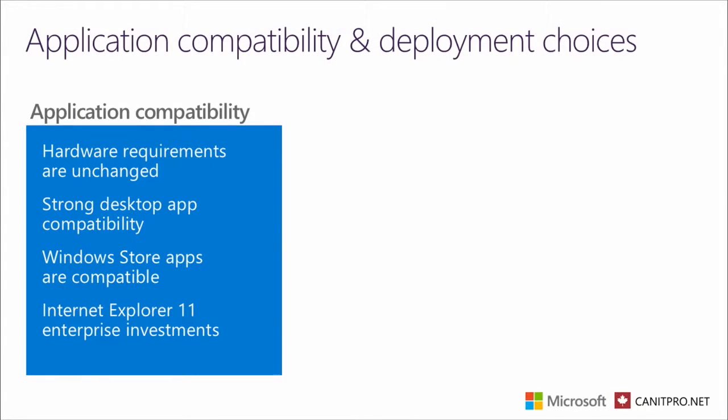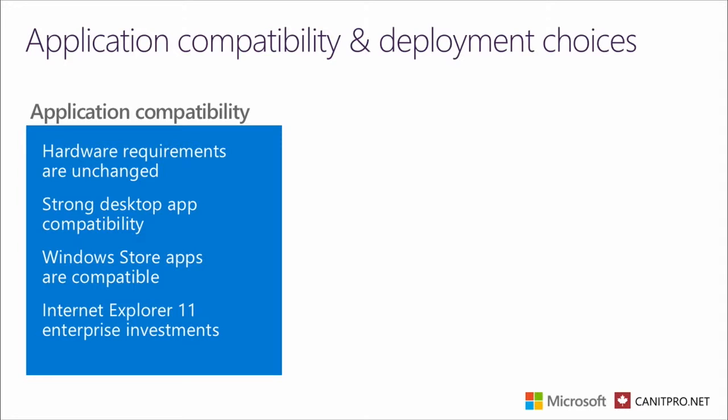This allows for the capability to do application compatibility testing to ensure that, hey, you know what, hardware requirements have not changed. I still have the strong encryption security capability on my devices themselves as deployed.